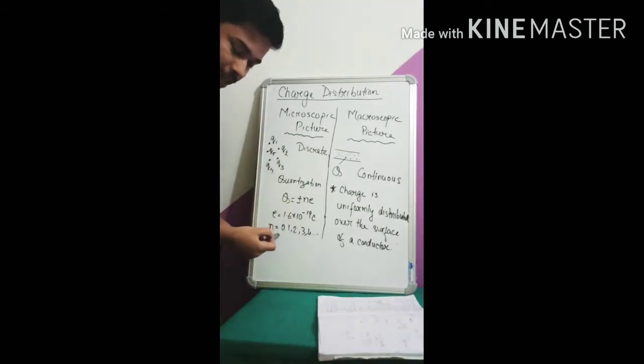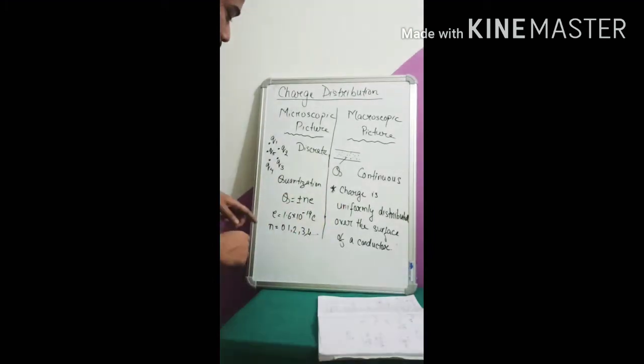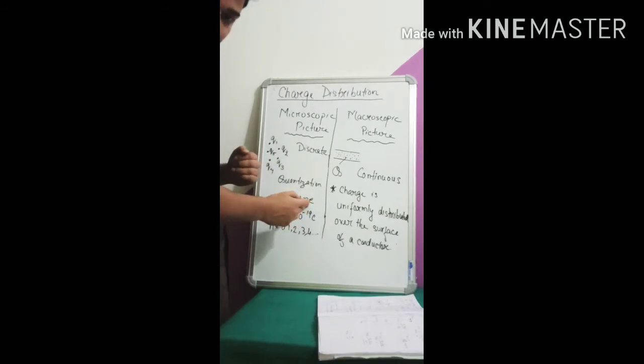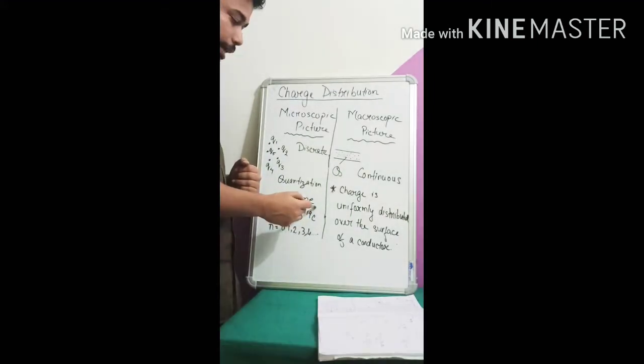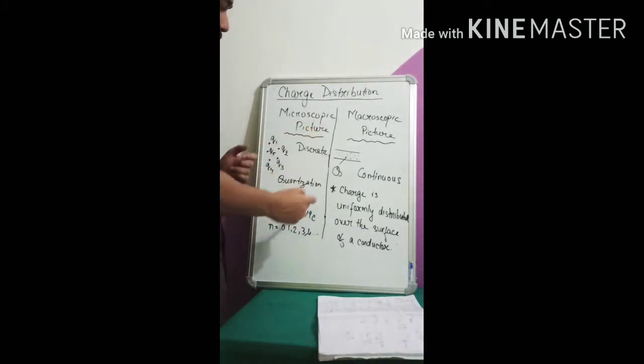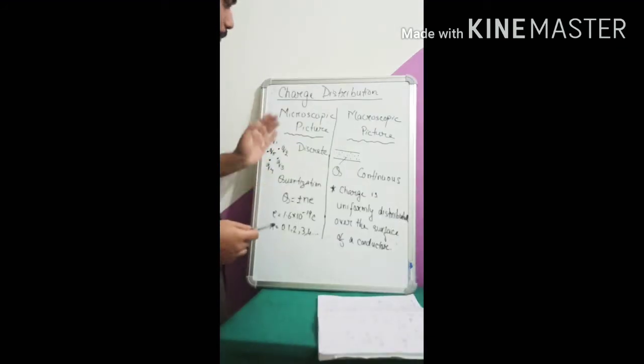Here n is an integer which can take values 0, 1, 2, 3, 4, and e is the charge on one electron, that is 1.6 × 10^-19 coulomb. So what we have seen here is that the charge on any body or any conductor is an integral number of the charge on one electron. So this is the picture which we call the microscopic picture.